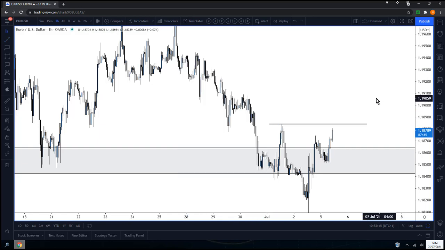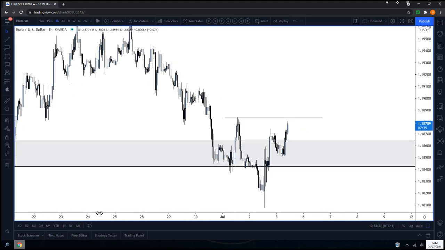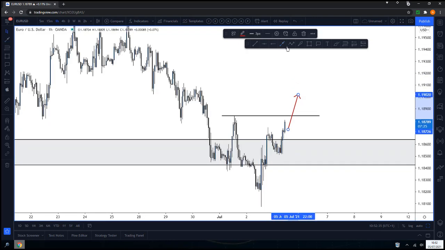Important really to be able to break and close above that high for me, and then look for the retest of that level or trade the higher low. What I mean by that is, looking for price to make a new high basically, and then looking for the higher low, which potentially could be retesting that level, and then looking to trade from here.